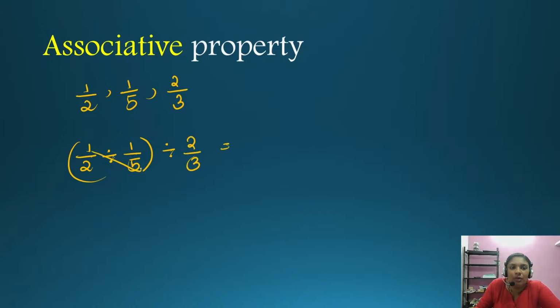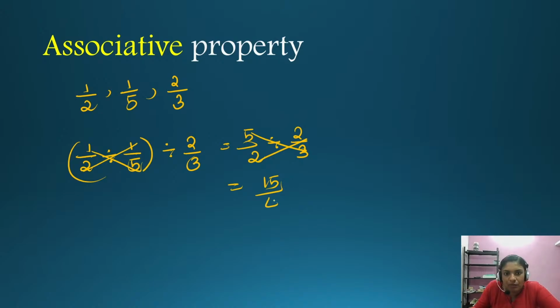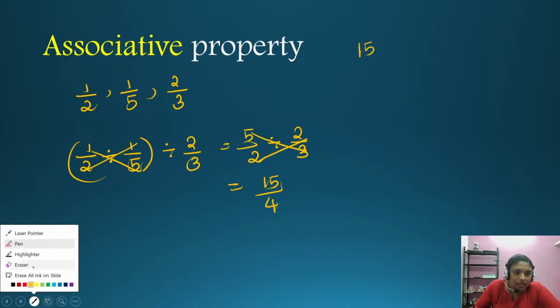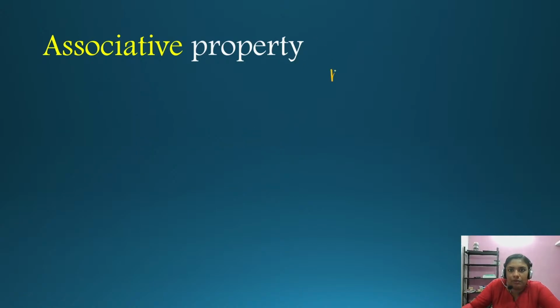So how will you do? 1 into 5, 5. 1 into 2, 2. Divided by 2 by 3. So the result will be 5 3s are 15 by 2 2s are 4. 15 by 4. Okay. Let's see. Let's write it somewhere. 15 by 4 was the first quotient.